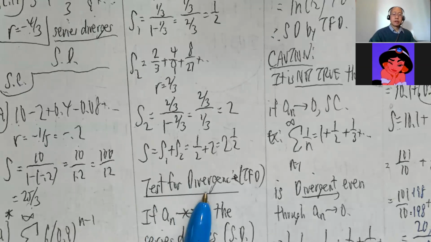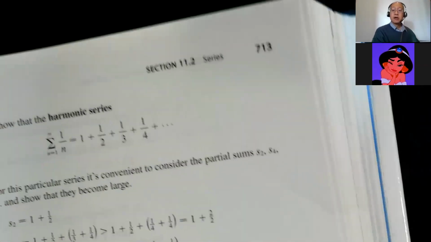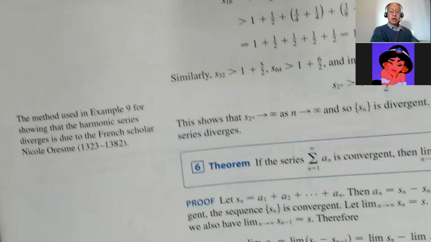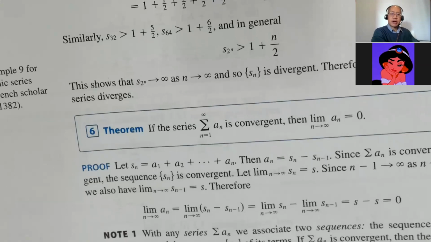All right. Something called the test for divergence, which I'll abbreviate TFD. I'm digressing a little bit from geometric series. Page 713, you have a theorem. This is worth knowing. If you want to put this on your cheat sheet, you may.